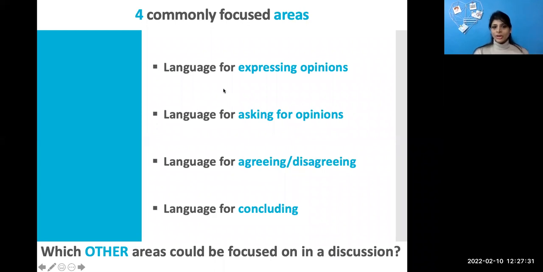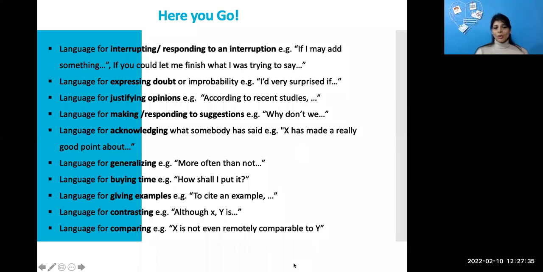Now, let me share with you a few things I have here. This is by no means a comprehensive list, but I've just tried to put a few things together that we could focus on in a group discussion.